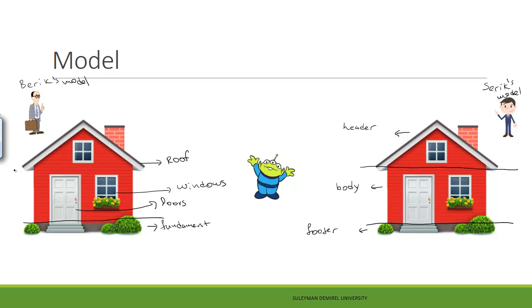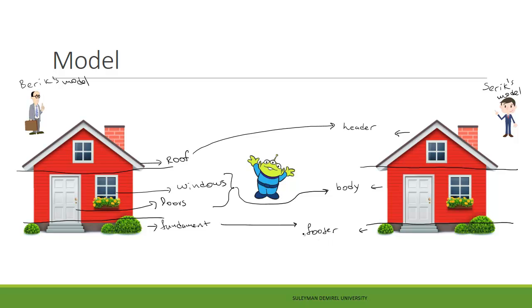Actually, our roof layer in Beric's model looks the same as the header layer in Seric's model. Windows and doors will be the same as the body of Seric's model, and the foundation is actually the same as the footer.